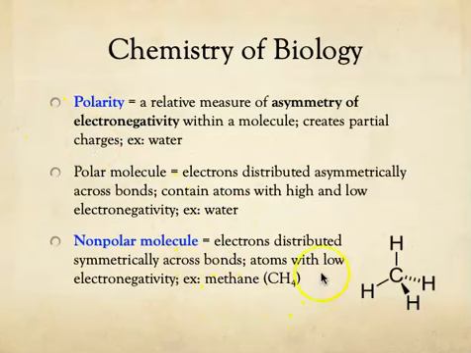So a molecule like methane, which is made up of only carbon and hydrogen, has equal sharing of electrons in all four of its covalent bonds, symmetrical sharing of electrons, no partial charges form, therefore, and we have a nonpolar molecule.